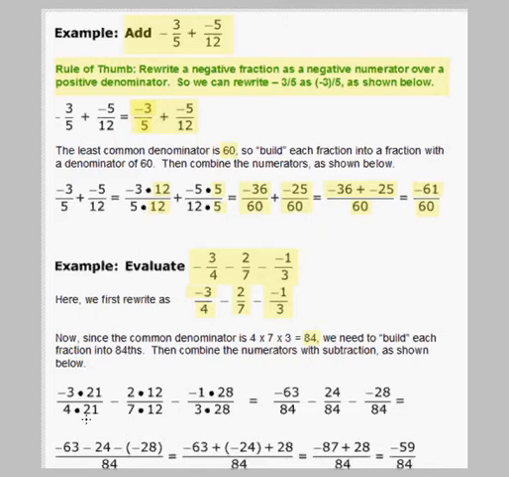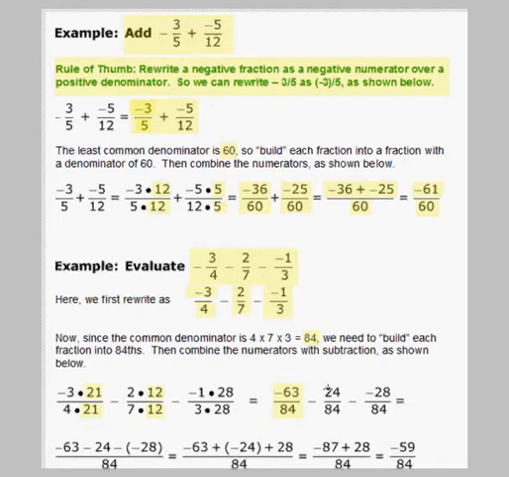Now since 84 divided by 4 is 21, we take our first fraction, -3/4, and multiply the bottom by 21, the top by 21. That turns the first fraction into -63/84. Our second fraction, 84 divided by 7 is 12, so we have to multiply 7 times 12 and 2 times 12.